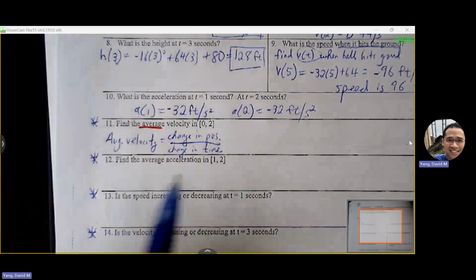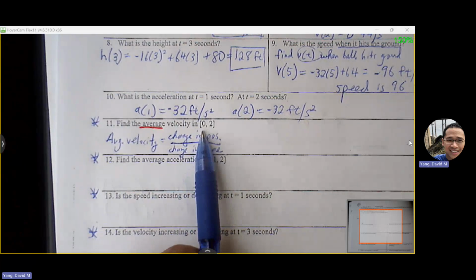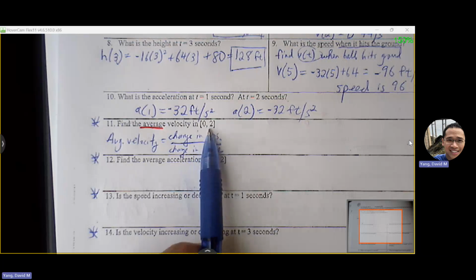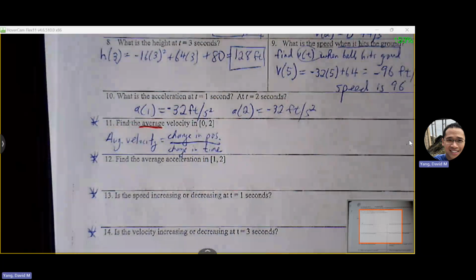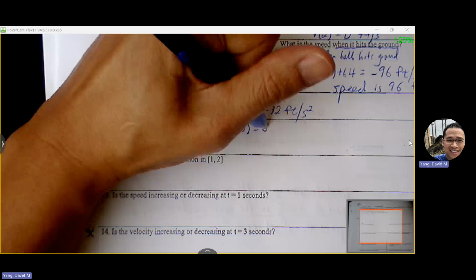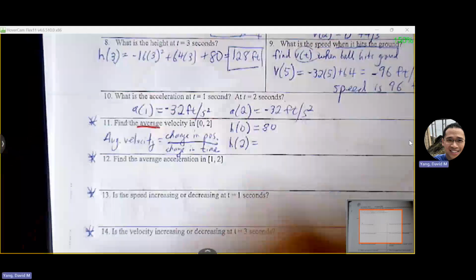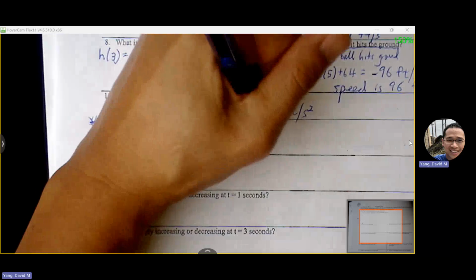So we basically have to find the position of this particle, of this object, the ball at 2 seconds, find the object's position at 0 seconds, and then just find the slope or the rate of change between those 2 points. So we'll find h of 0, which we know is 80, right? We'll find h of 2, which from before is 144.